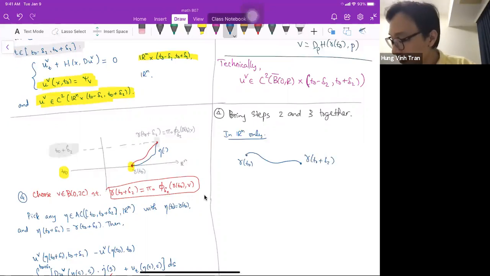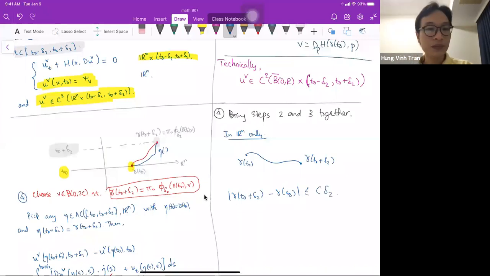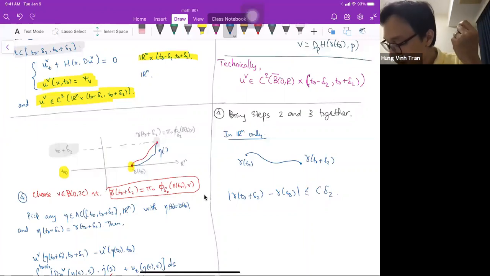And we just showed earlier that gamma t naught plus delta 2 minus gamma t naught is going to be less than some constant times delta 2, right? So that constant is given to us. But what is really interesting here is that it tells us that gamma t naught plus delta 2 is within a ball of center gamma t naught, radius c delta 2, right?